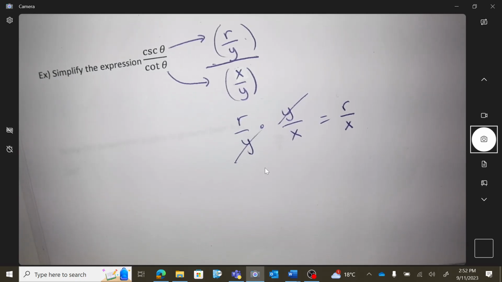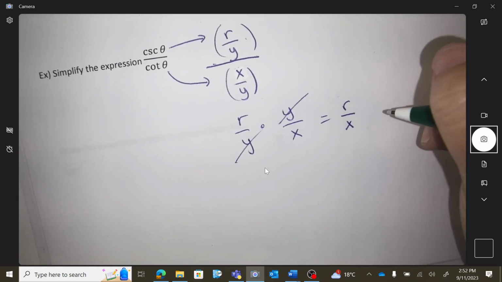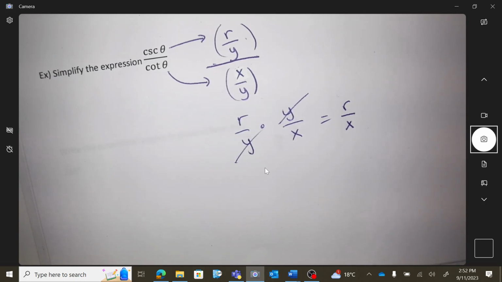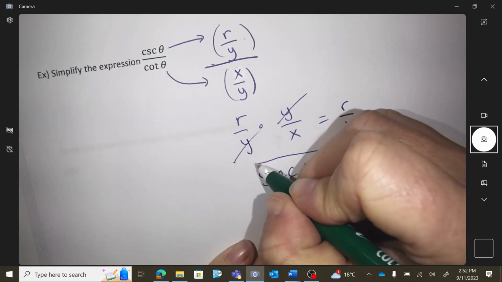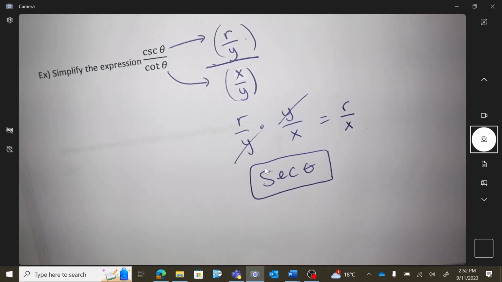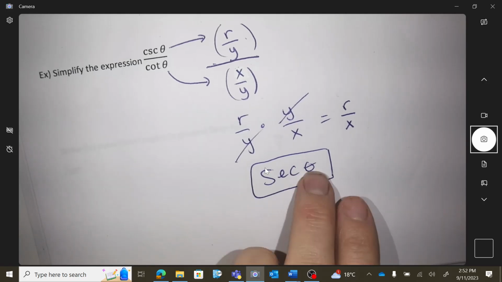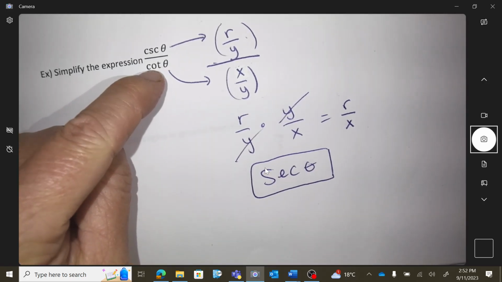Does that match anything that's different? It matches the secant. So then you would write secant theta because this was theta.